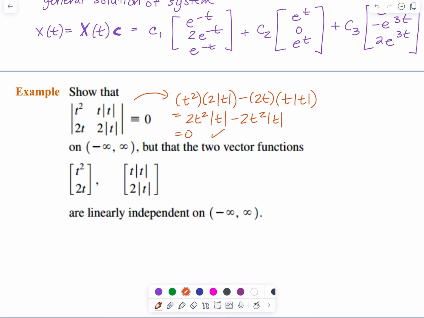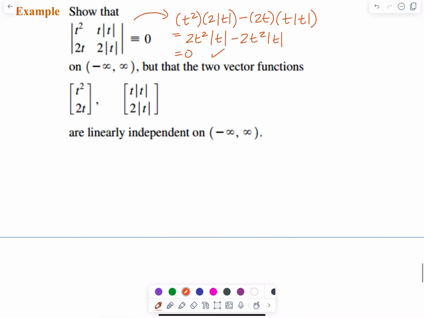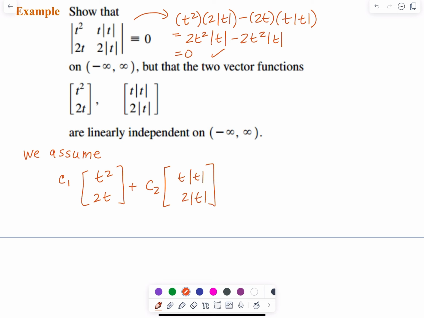So now let's assume that for some constants C1 and C2, C1 multiplied by this vector plus C2 multiplied by our second vector is equal to our vector of zeros.